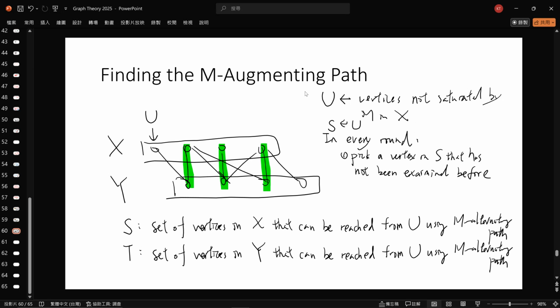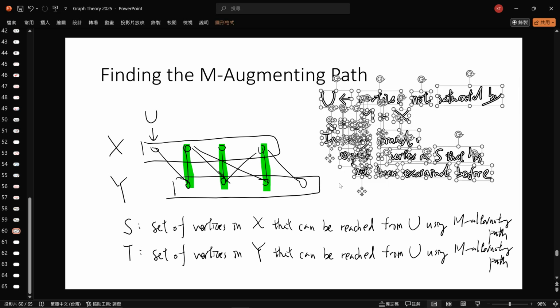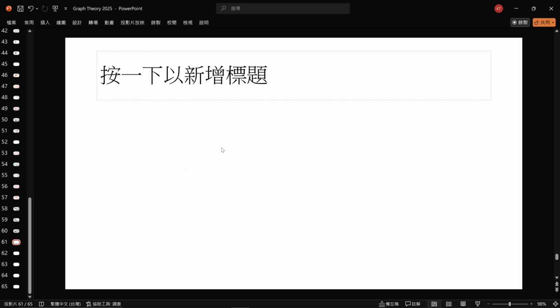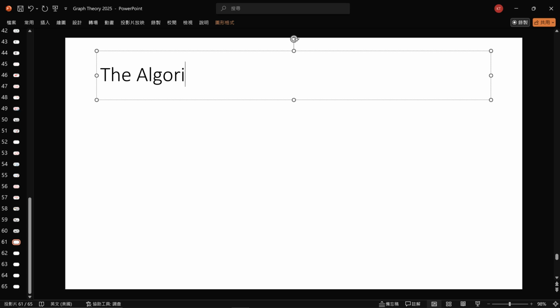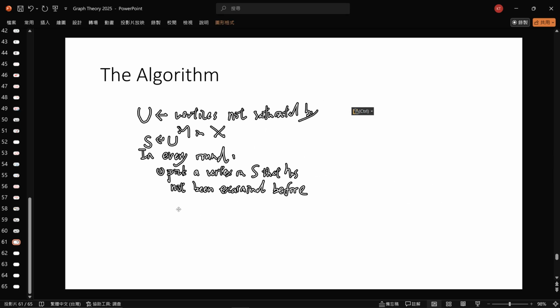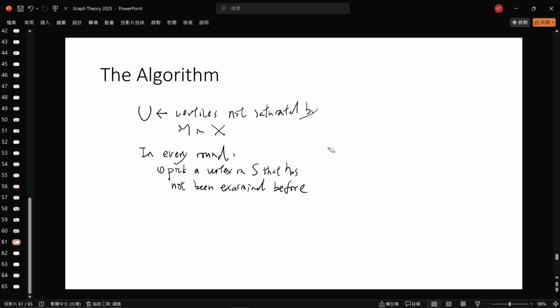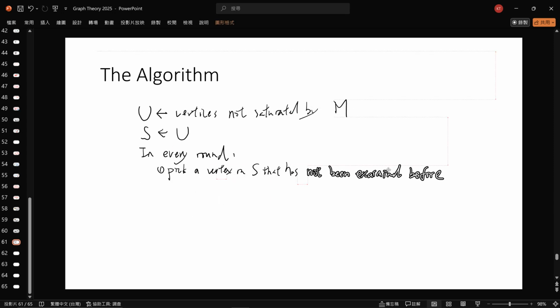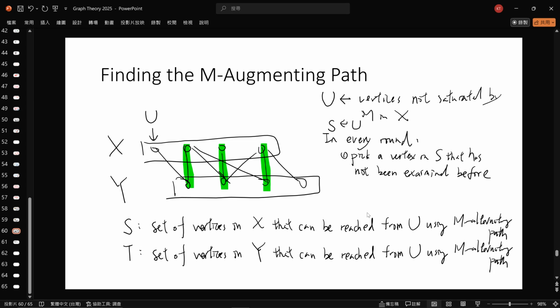I think I should put it in the next slide. For example, suppose we take this one, and then we're going to consider edges not in the matching.